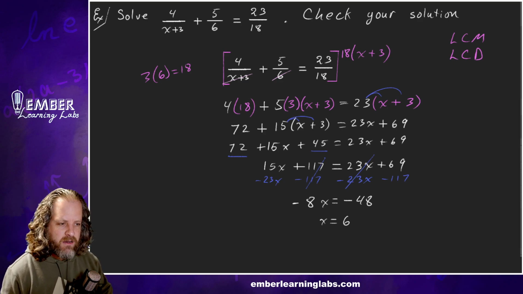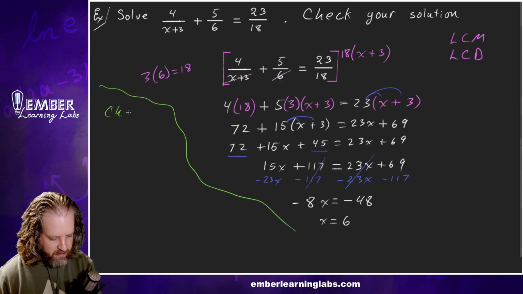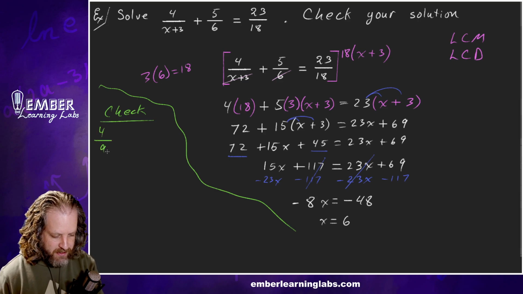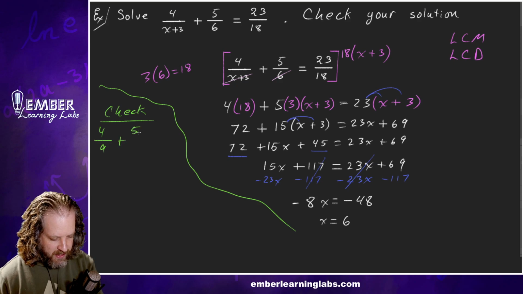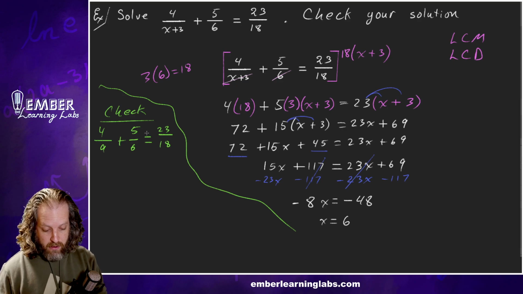So we're going to chunk the 6 in here and see what we get. I don't want to make a new swatch. Thank you. So let's do a check. Check. And see if it works out. So 4 over 6 plus 3 is 9 plus 5/6. Does that equal 23 over 18? 4/9.